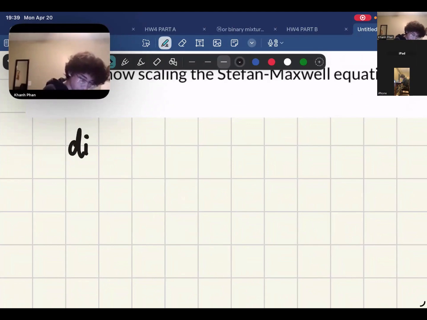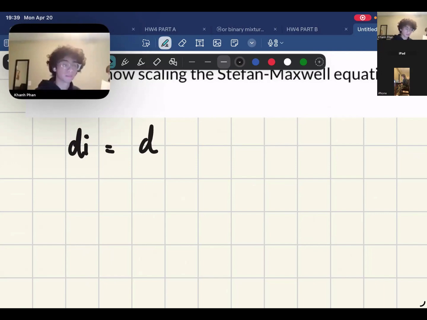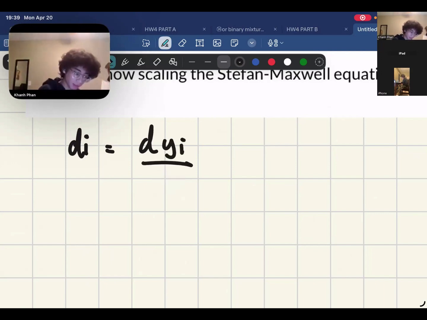So we can have the driving force of i, and we want to find the change in the vapor component. So dyi over dz, with respect to distance z.